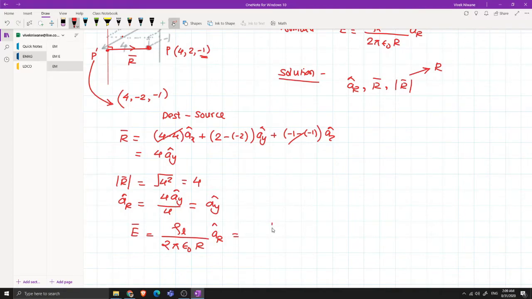Rho L was given as 10 nano. Okay, then 2 pi epsilon 0. What is the value of magnitude of r? That is 4. And what is the value of ar cap? That is ay. And now we can do the arithmetic, and you will have some sort of value into ay cap.